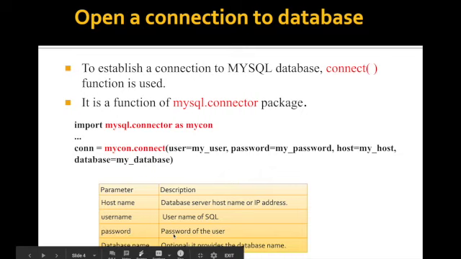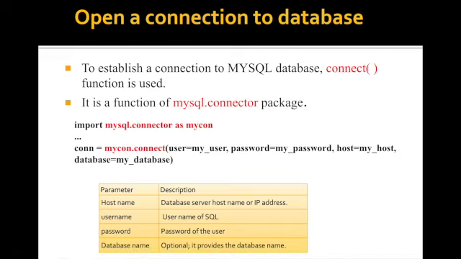If you set a password when installing SQL, you have to give that password. Then the last one is database name. If you selected a particular database, you can use it, otherwise just skip it. So these are the four parameters in the connect function: mycon.connect with user equal to the username, then the password, host, then database.